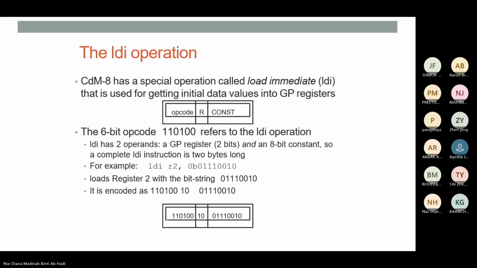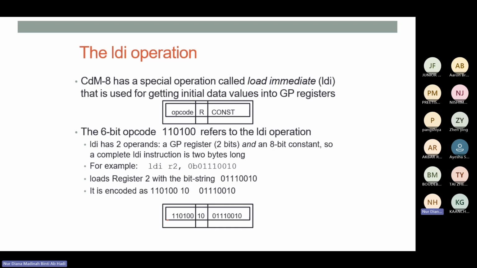Okay. So LDI operation means load immediate. TDM8 has a special operation known as load immediate that gets the initial values into your GP register. The 6-bit opcode 110100 refers to the load operation.